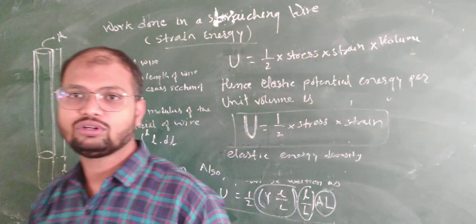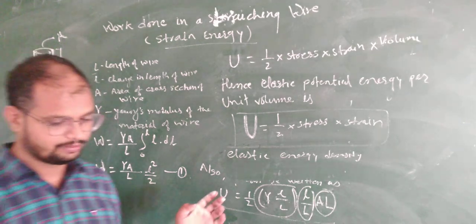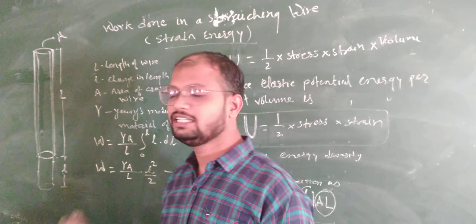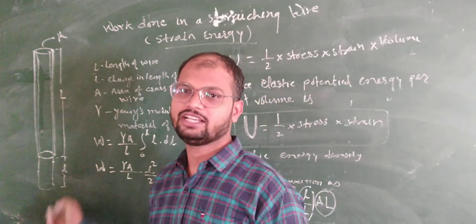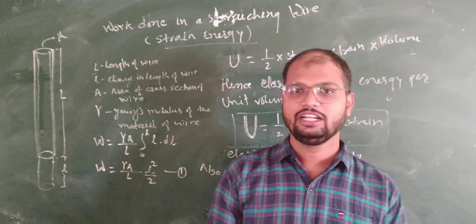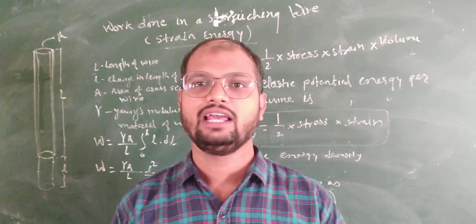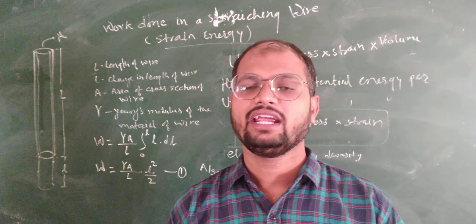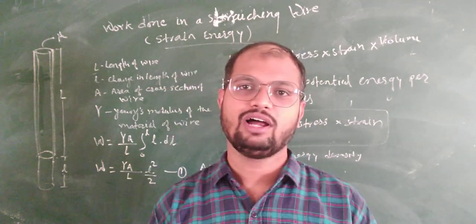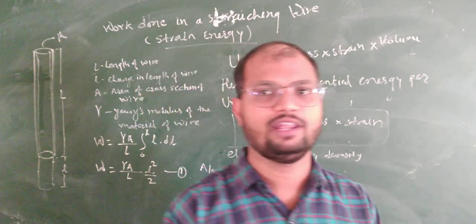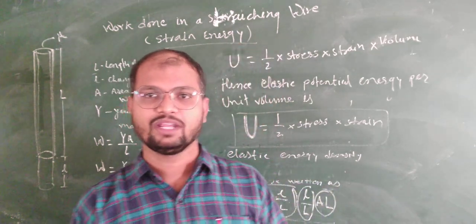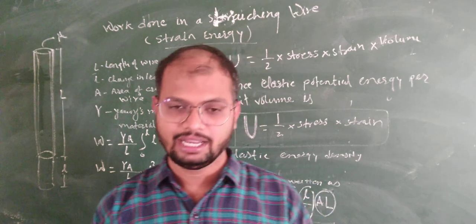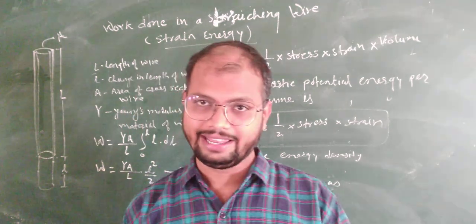So the small work done is dW is equal to force into the small change in extension, dl. So dW is equal to F into dl, and we know that F is equal to Y into A into small l upon capital L. Putting this value in the equation, we get dW is equal to Y A small l upon capital L into dl.